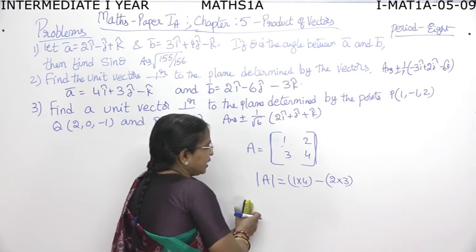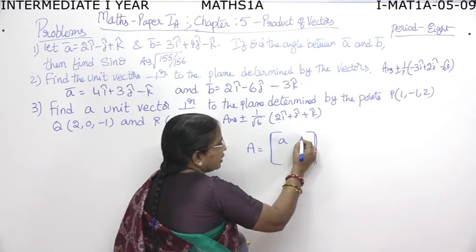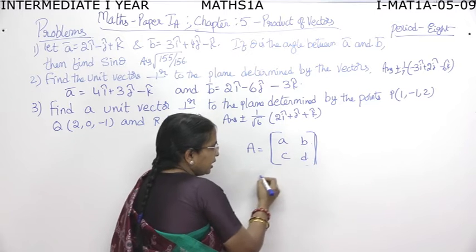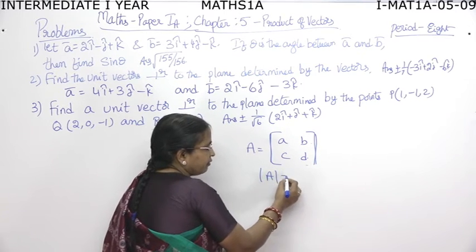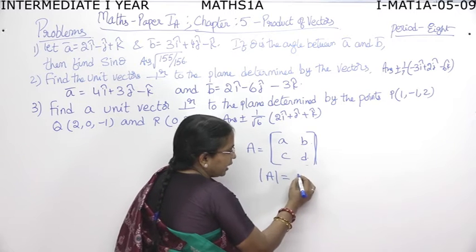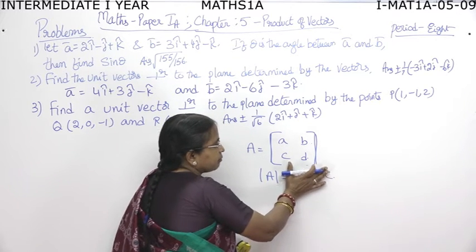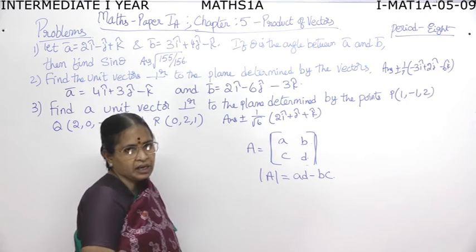If instead of numbers, you have in general the letters A, B, C, D, then we denote determinant of A by this symbol. Determinant of A is equal to AD minus BC. This number is called the determinant of A.